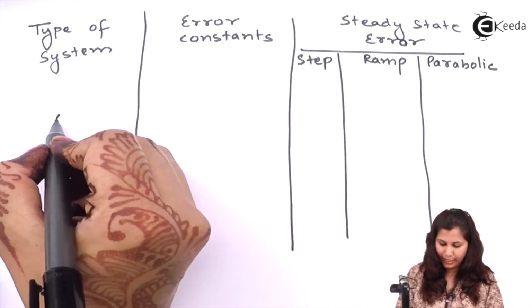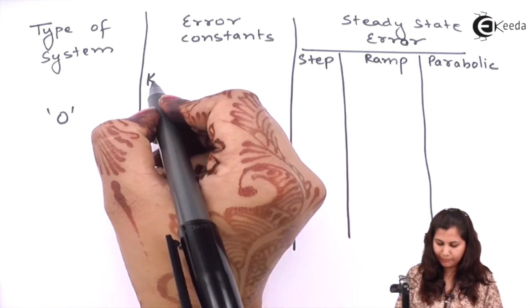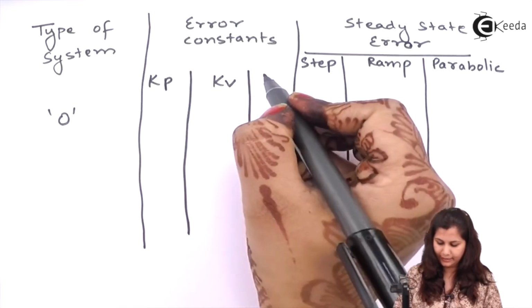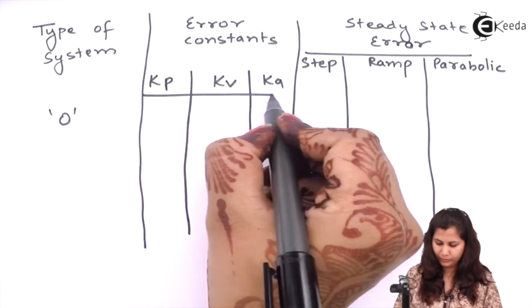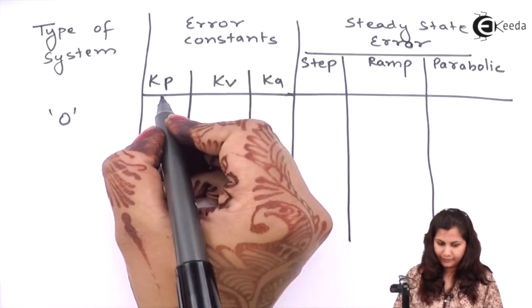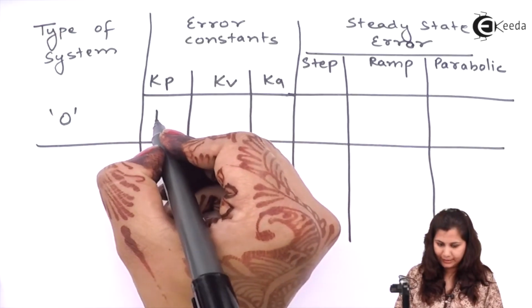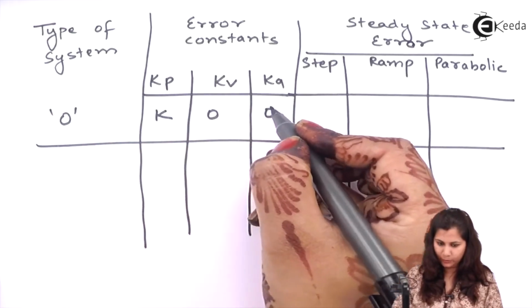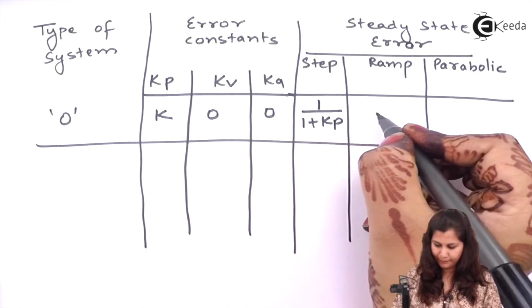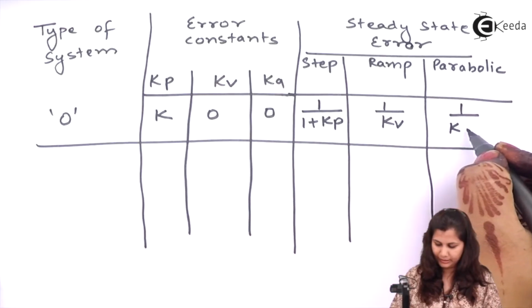So for a type 0 system, our error constants are Kp, Kv and Ka. For type 0 we have Kp as K, 0, 0. Steady state error will be 1 upon 1 plus Kp, 1 by Kv and 1 by Ka.